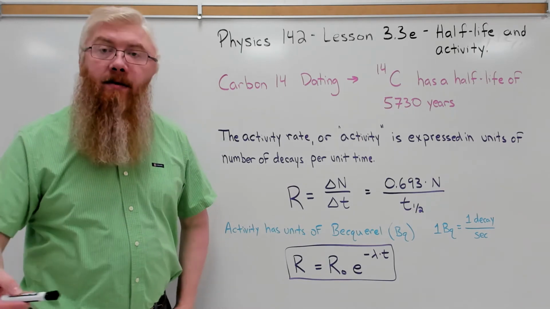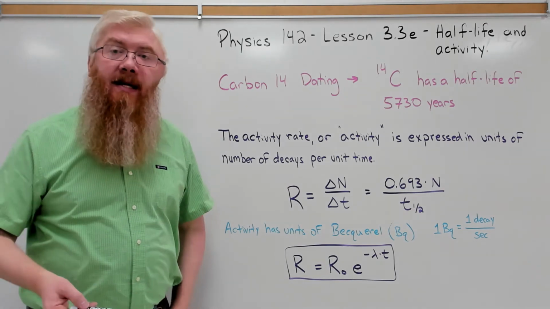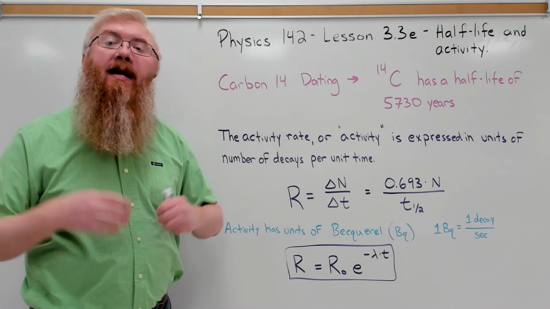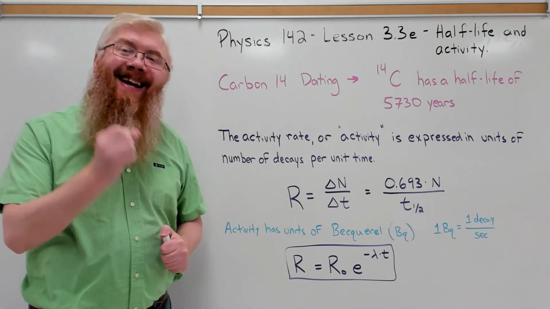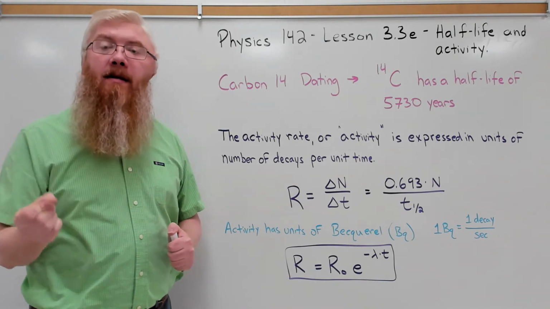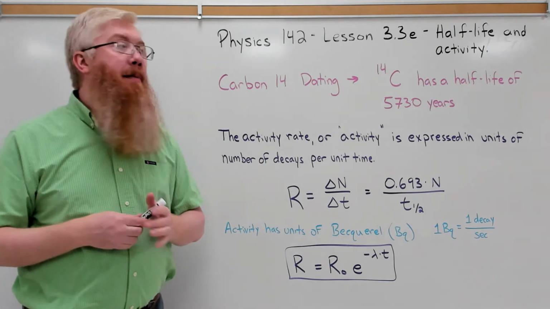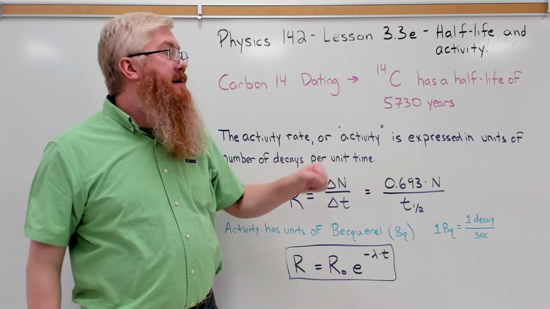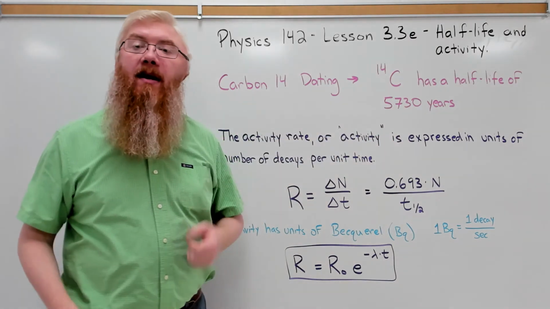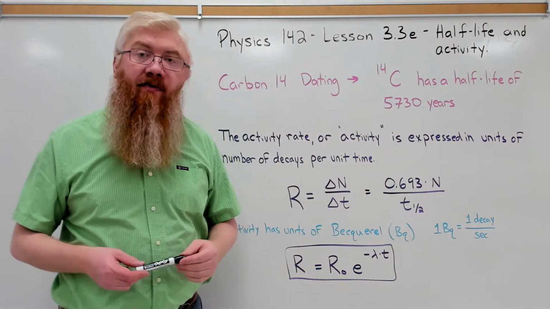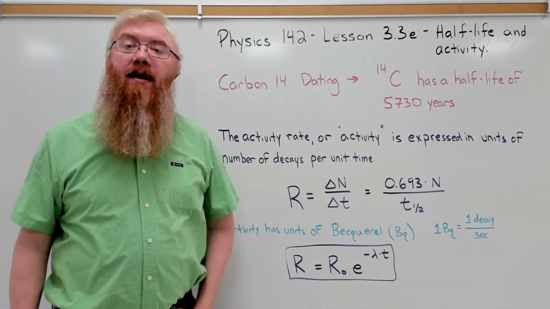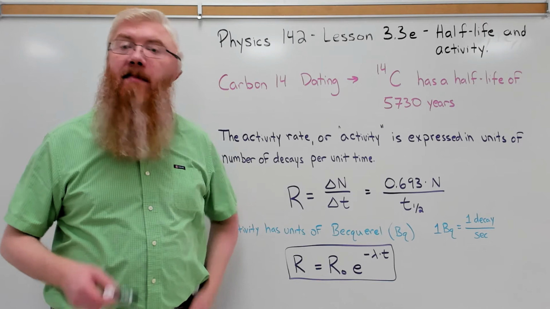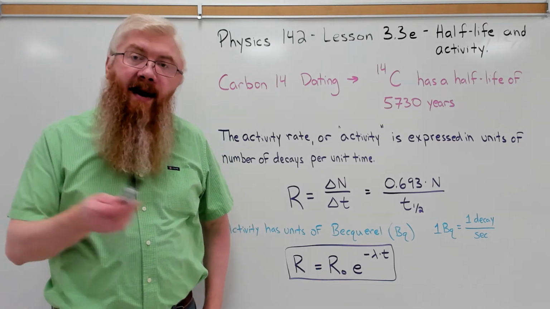When you die, or when an animal dies or a tree dies, it stops bringing in new carbon-14. So the carbon-14 that exists in the animal or plant slowly decays with time, and the decay rate is 5,730 years. That is the half-life of carbon-14. So after 5,730 years, the amount of carbon-14 a plant or an animal has is cut in half.